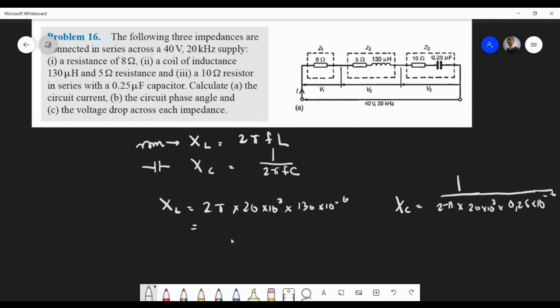Sweet. Then we can get our inductive reactance and our capacitive reactance now. Okay, so I'll wait on that answer from you.